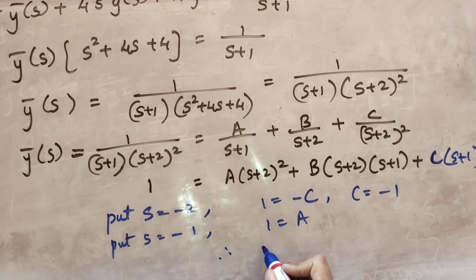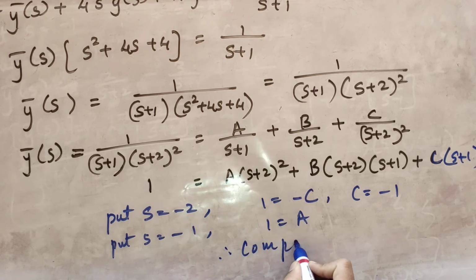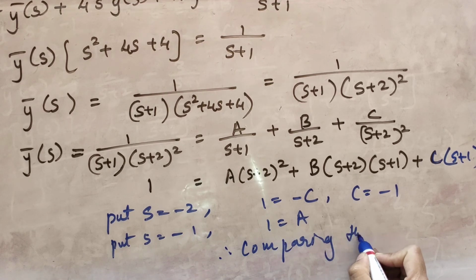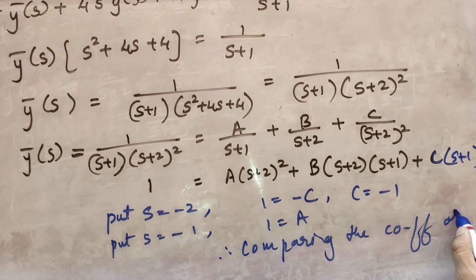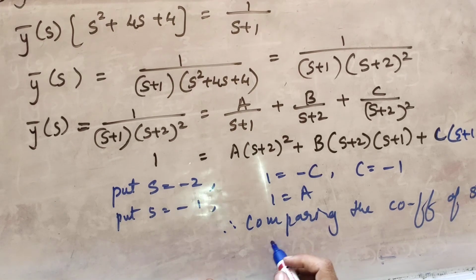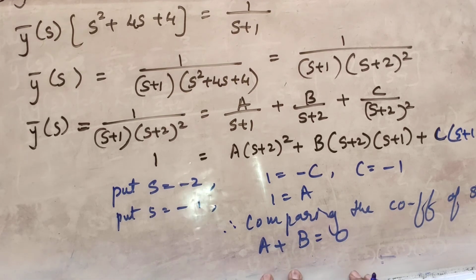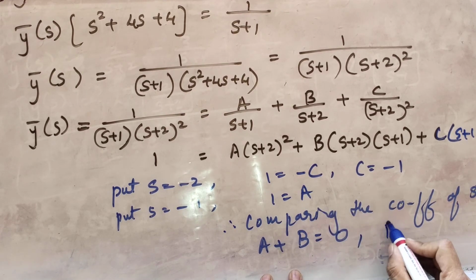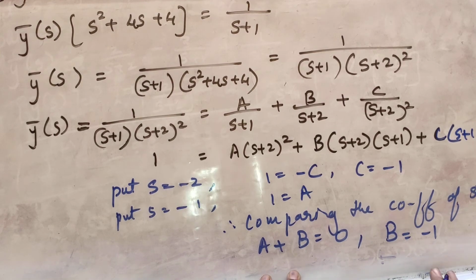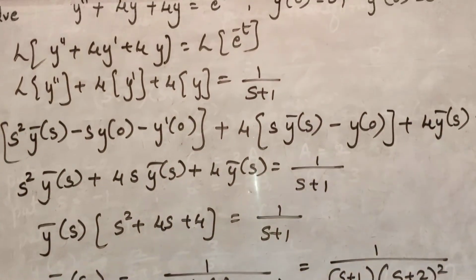So comparing the coefficients of S square, you will have A plus B equal to 0. A plus B equals 0 means A is 1, so B should be minus 1. So you get the values for A, B and C like this.